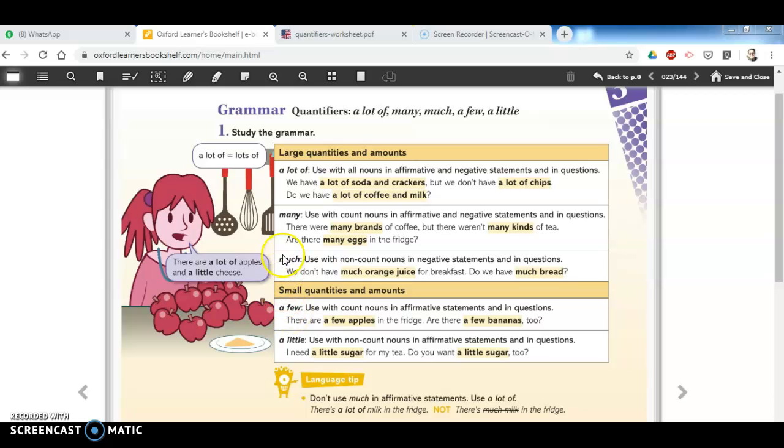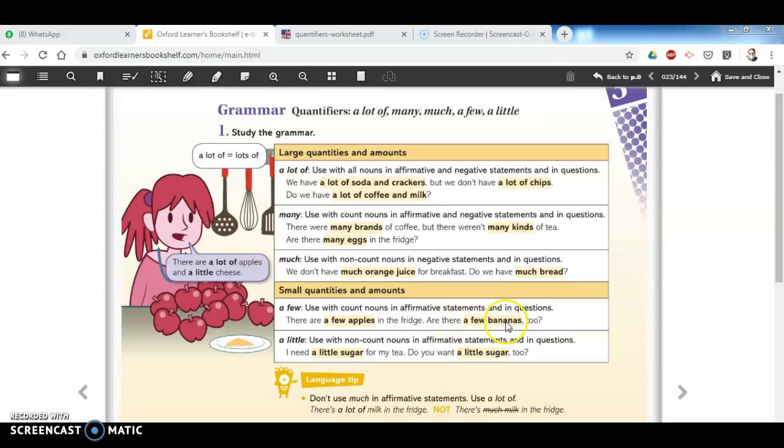If it is a large quantity, use many. If it's a quantity that is very little, we're going to use a few. Unos cuantos o unos pocos. There are a few apples. Hay unas manzanas. O unas cuantas manzanas.